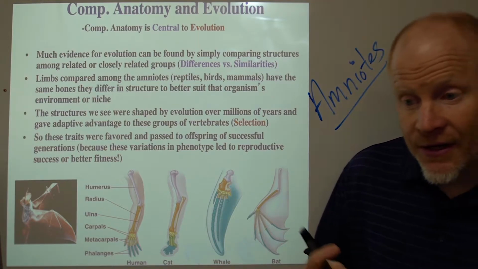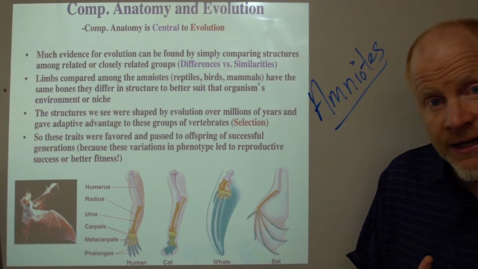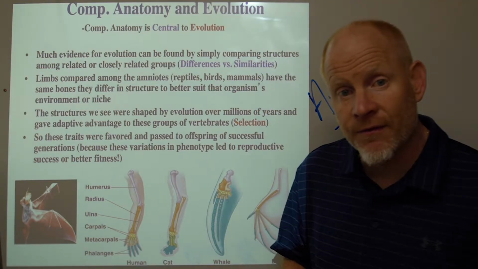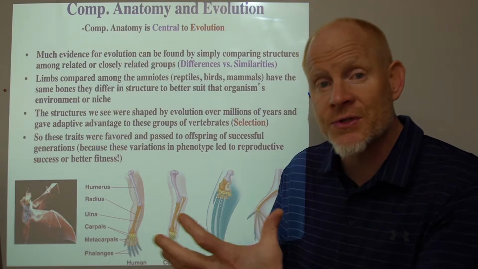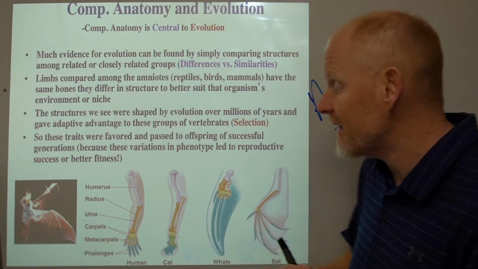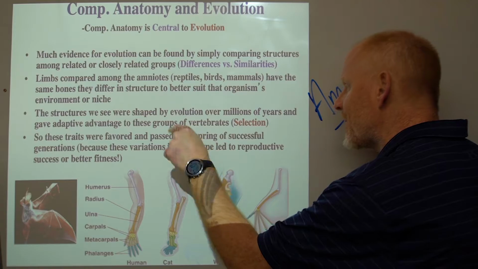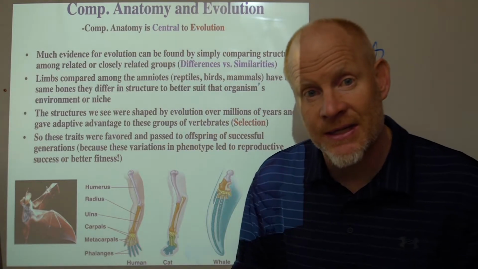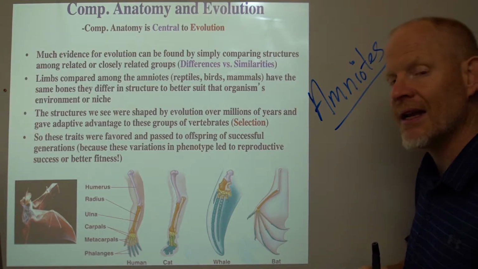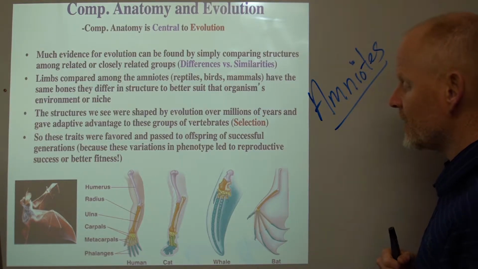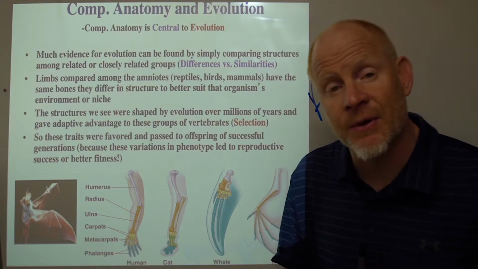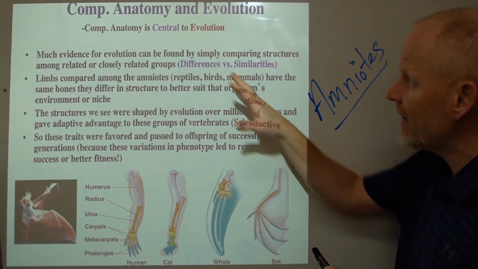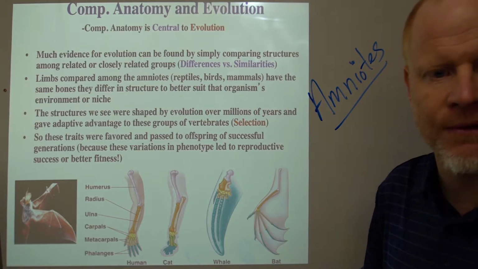And so people who study bones, geologists and some of the other biologists that study bones from extinct forms, also see these differences, and even can see some of the changes that happened back in time that led to what we see in the living species today. And so that's really nice for evolution and something we call macroevolution that we'll explain later in this lecture. So comparative anatomy is central to evolution.